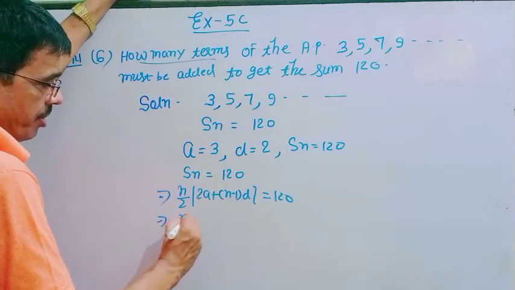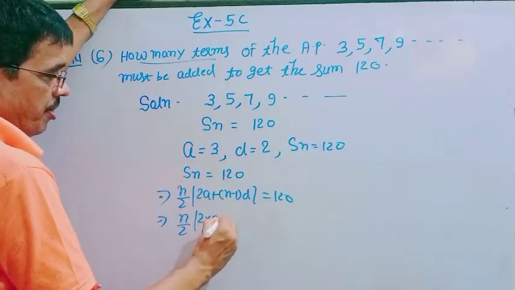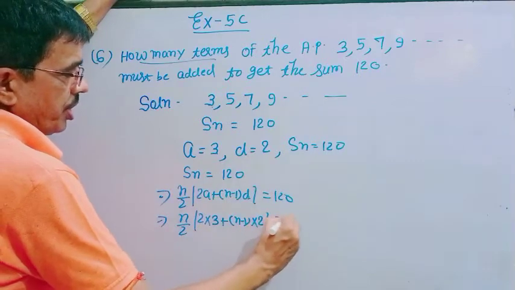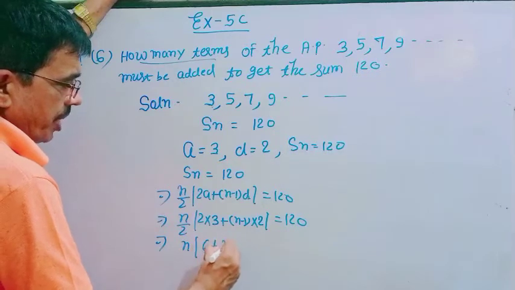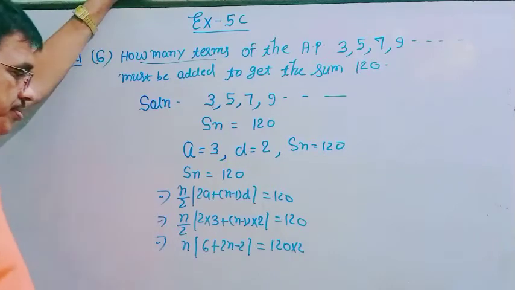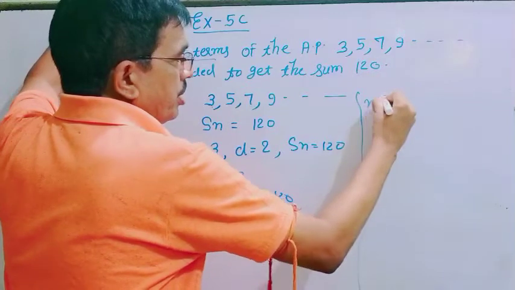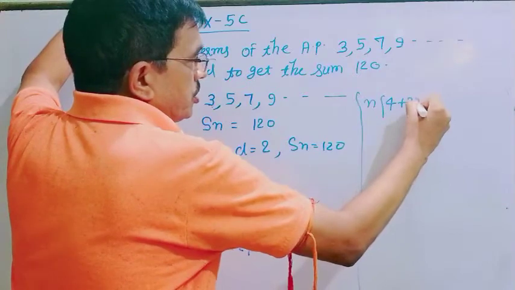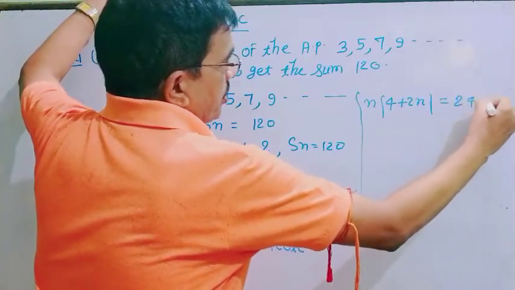Here n is not given, so write n by 2 into 2 into a, and a is 3, plus n minus 1, and d is 2, is equal to 120. Then n into 6 plus 2n minus 2 is equal to 120 into 2. Then n into 6 minus 2, that is 4, plus 2n is equal to 240.